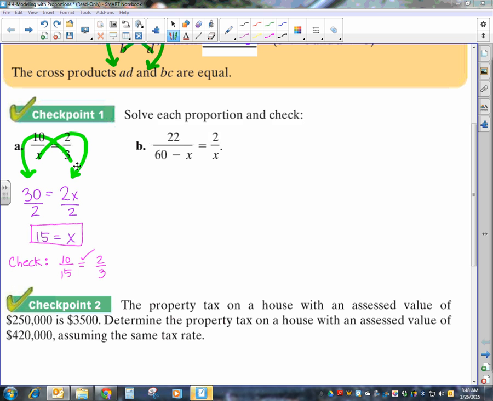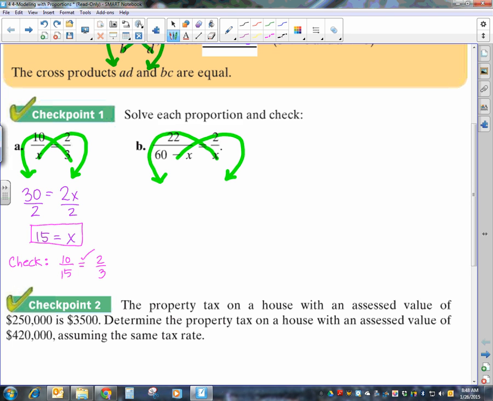And as I said, equivalent fractions, yeah, it's easy to check and easy to do, but sometimes we can't do that. So that's why it's really important to remember how to cross multiply. So let's do that again. I'm going to write that product on that side and this product on that side.